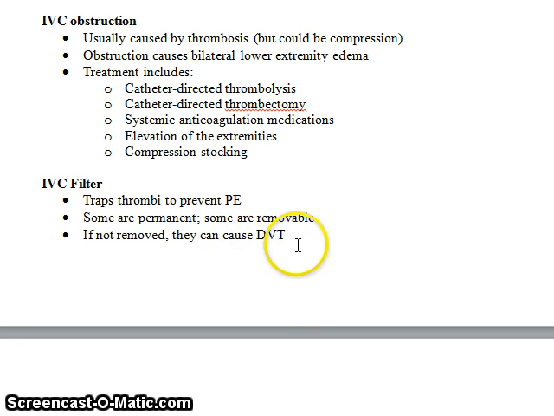Sometimes they fracture and migrate and become emboli themselves. But then there are also times where the filter has been there so long that there are complications involved with removing it. So there is some debate about the IVC filter, but for the most part, some are permanent, some are removable, and it depends on the patient whether they need to be removed or not.